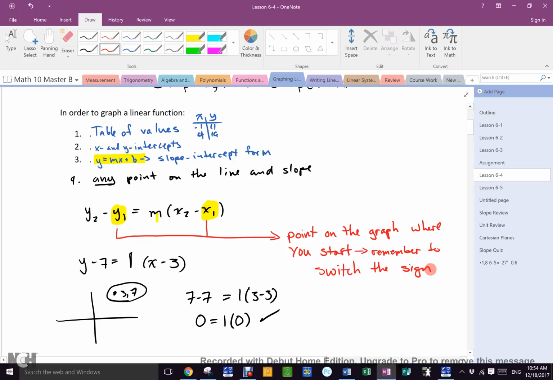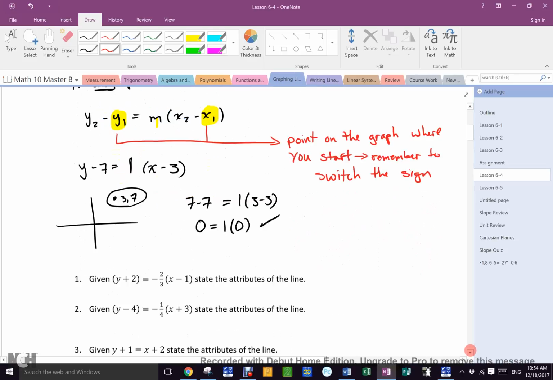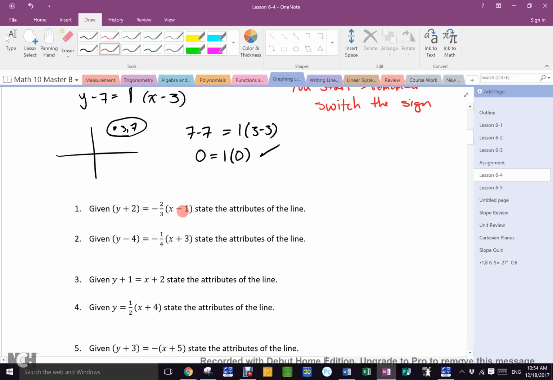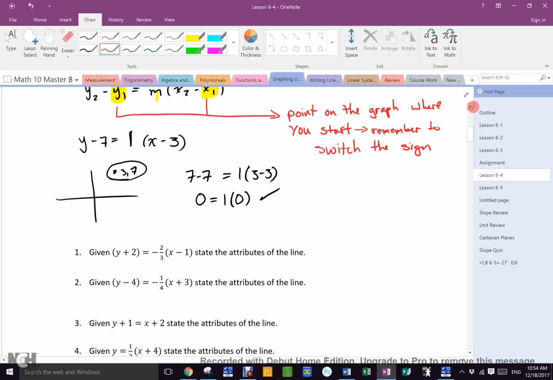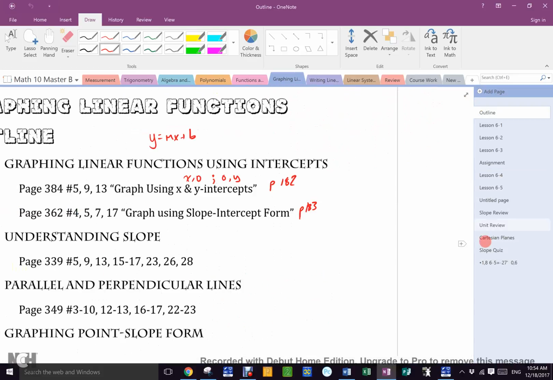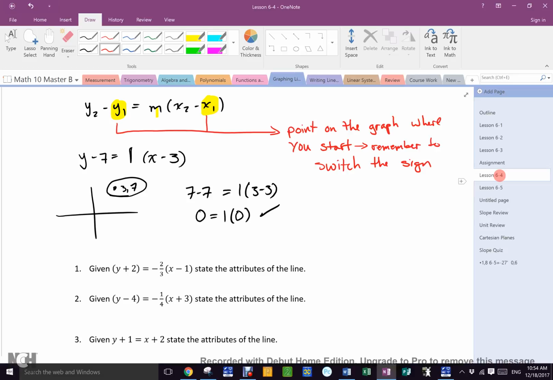Everybody cool? Let's see. Does this look like this? Excellent. So where do I start my line here? Close. What goes first, X's or Y's?